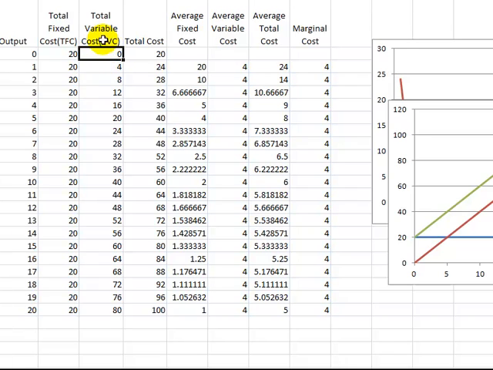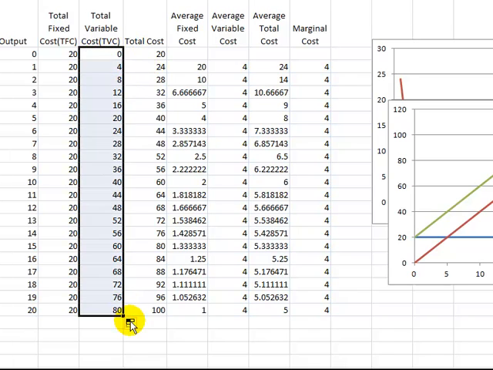And based on the equation, we know the total variable cost is 4Q, right? So you type this equal to 4 times output Q. Then bring down this little button, and you get all the total variable cost.